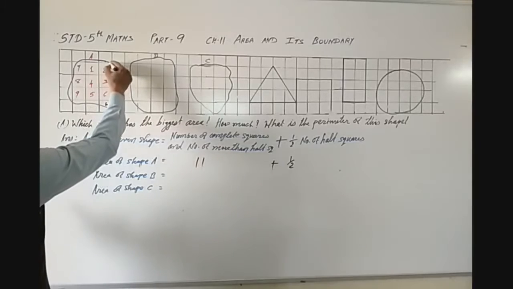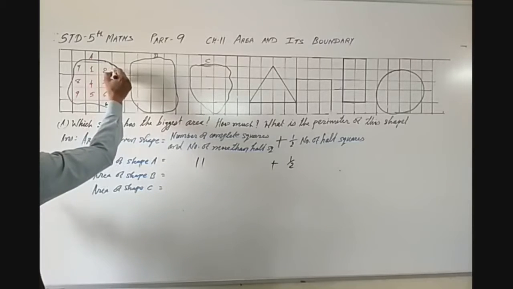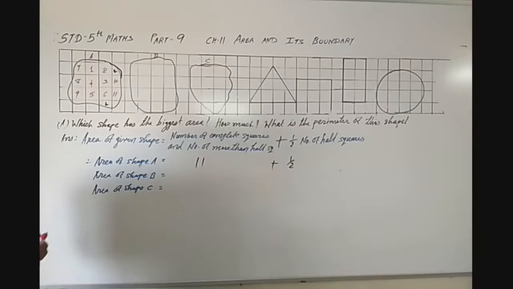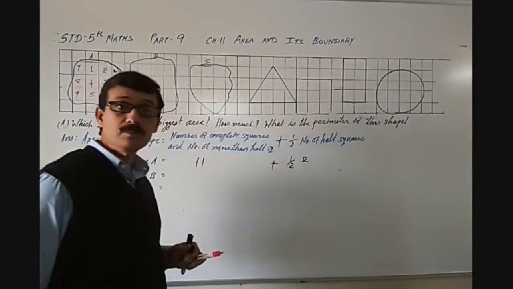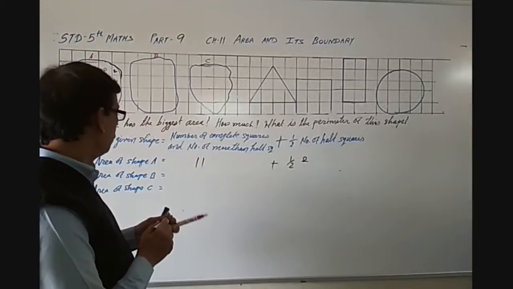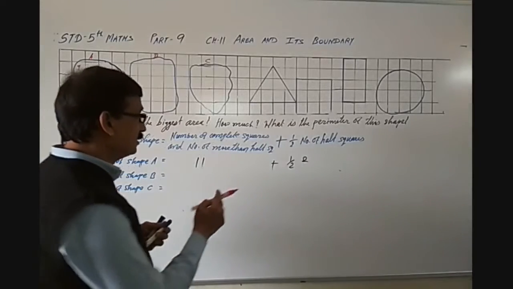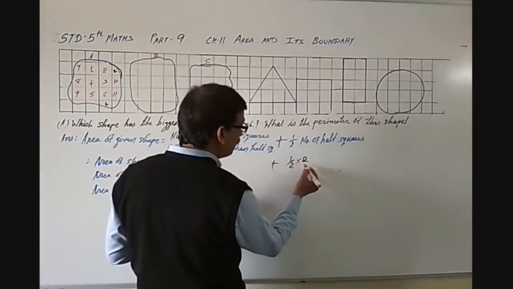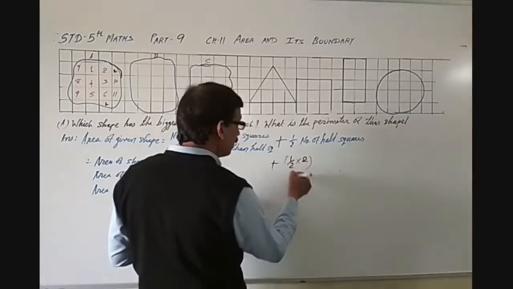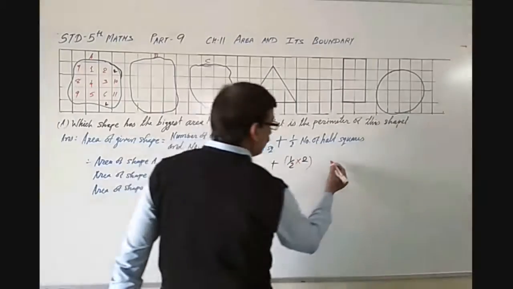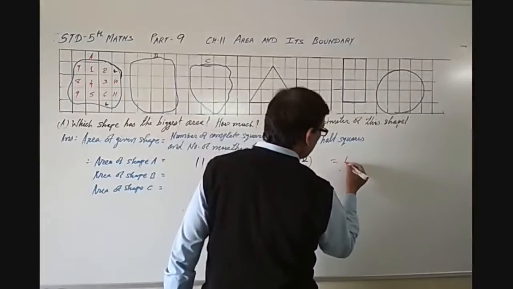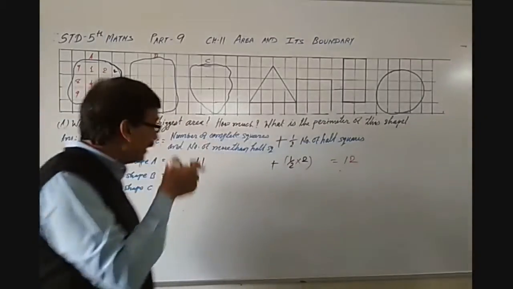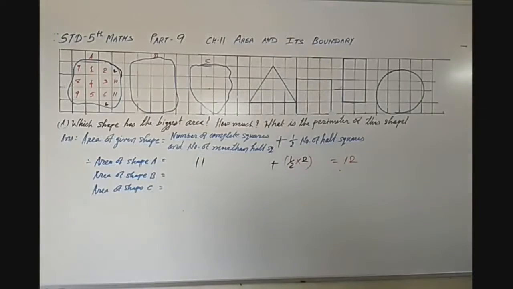Suppose this is like this, so this is 2. So 2 half squares. So 1/2 multiplied by 2, isn't it? The result of 1/2 multiplied by 2 is 1. So it is equal to 11 plus this 1, which is 12. So area of shape A is 12.